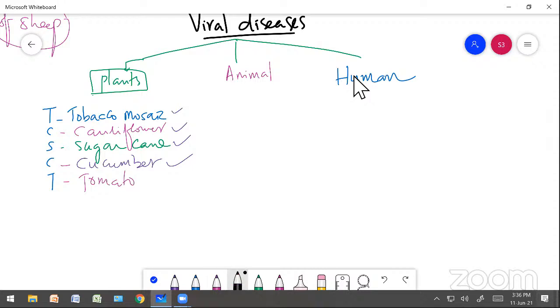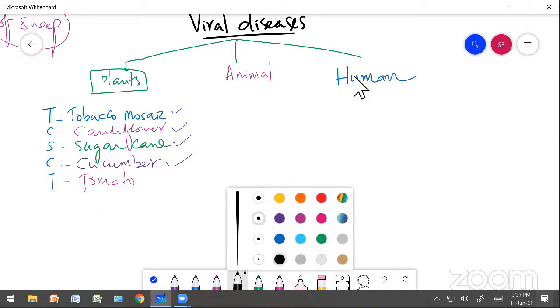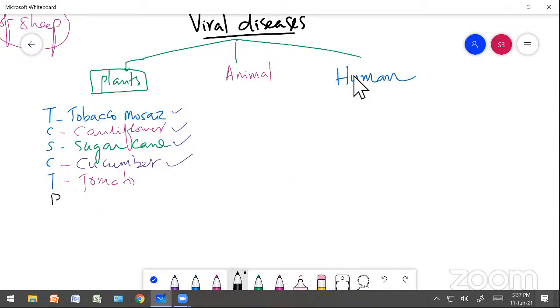The next one, bunch top of banana. That is B. B stands for bunch top of banana.